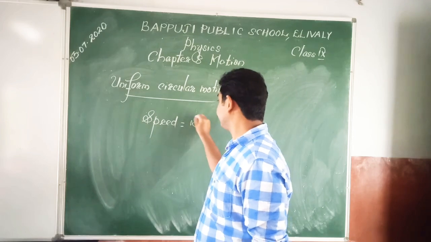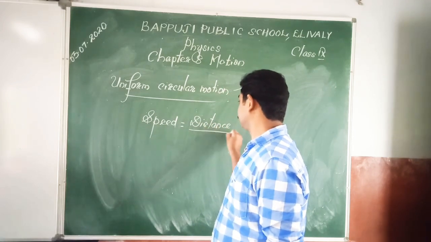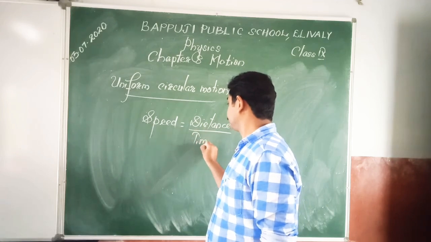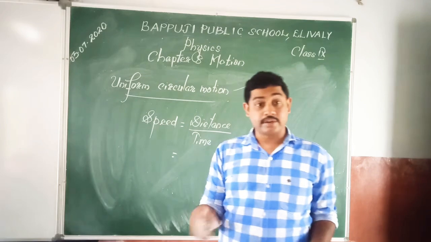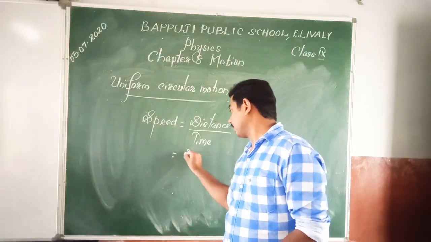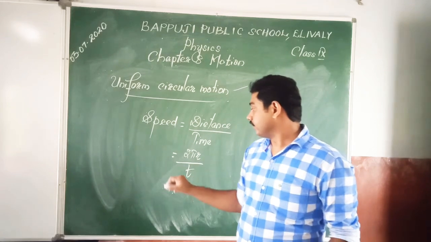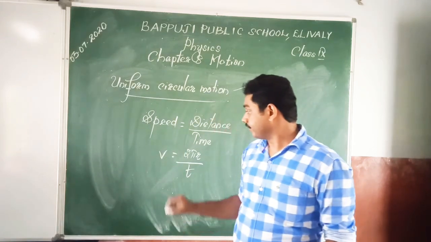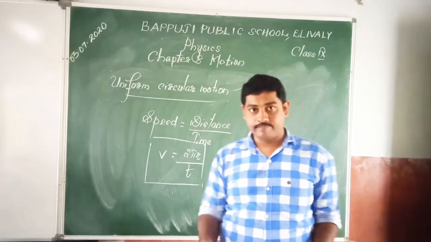Here the distance is the circumference of the circle, 2 pi r, divided by the time taken. So speed or velocity, denoted by small letter v, is equal to 2 pi r divided by t.